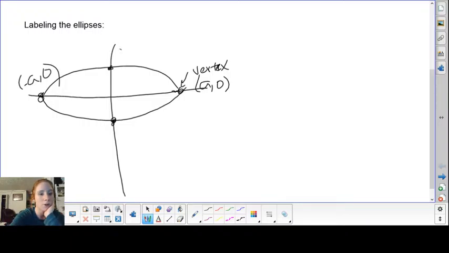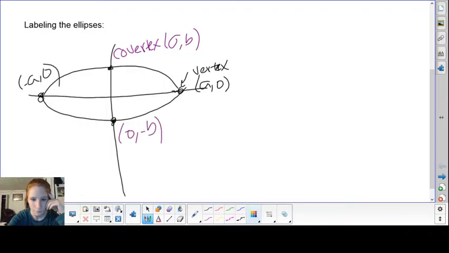Then we're going to have co-vertices. Since these are up on the y, they're going to be (0, b) and (0, negative b). And then we have the foci, which are the points that help create the ellipse. Those are going to be in the same direction as the vertices.